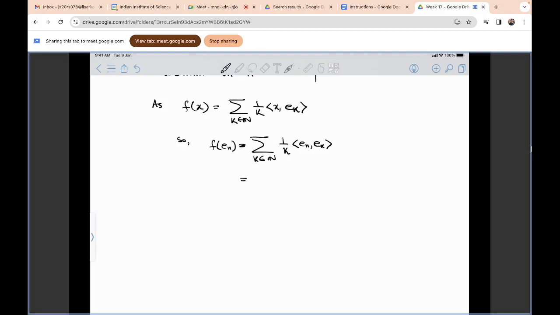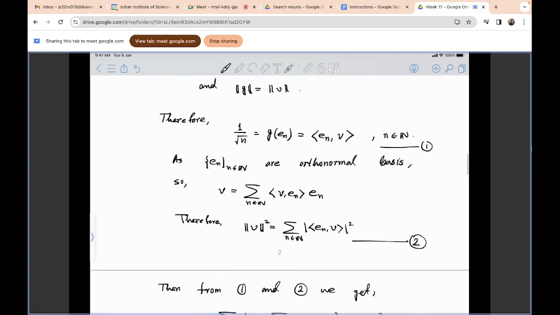The inner product of e_n and e_k is 0 if n is not equal to k, and 1 if n equals k. So this series will only remain when k equals n, and for this it will be 1 by n. Therefore f of e_n is given by 1 by n.